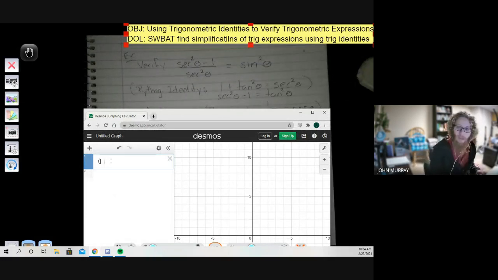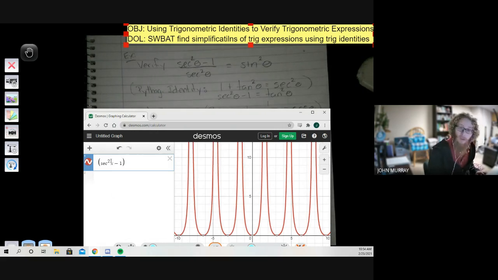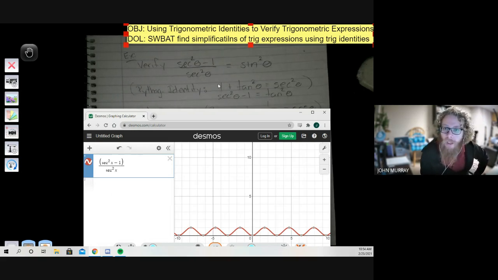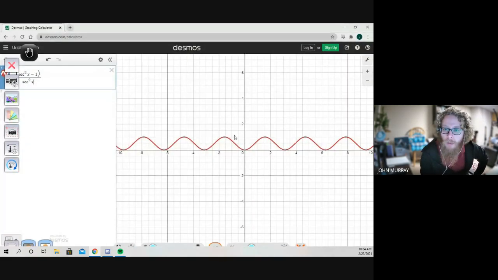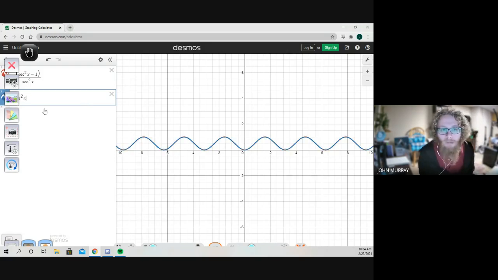So I'm going to type in secant squared of x minus 1, all divided by secant squared of x. All right, so there is my first function, secant squared minus 1 over secant squared. And on the other side, we had sine squared. And look at that.